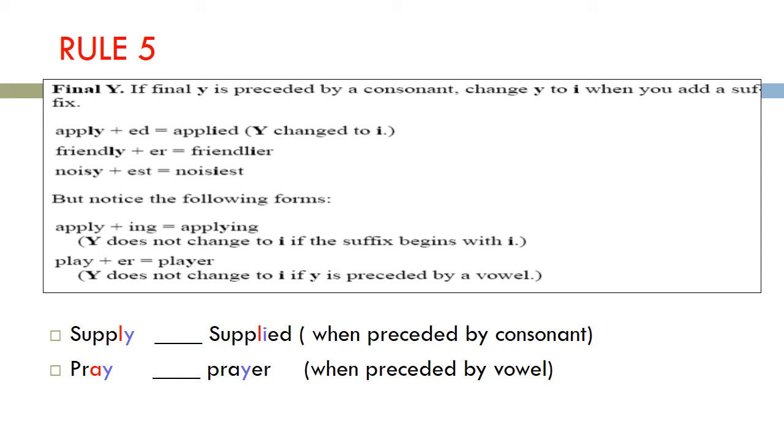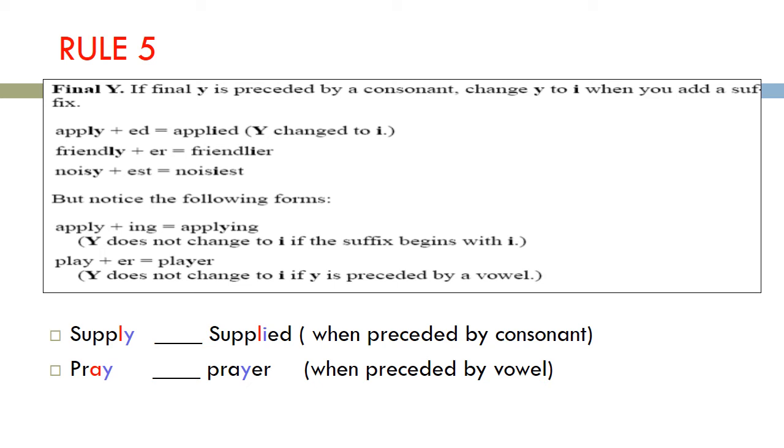Now, if Y is preceded by a vowel, like in pray, here we don't change Y, we keep it as it is when we add a consonant, because it is preceded by a vowel.